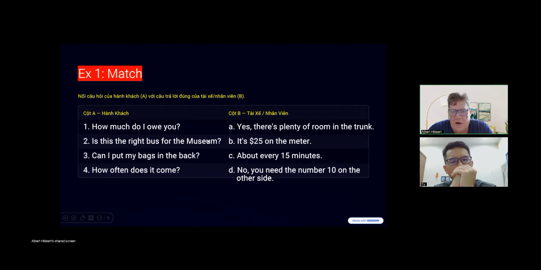How much you are now either or the bus driver or the taxi driver? How much do I owe you? How much do I owe you? Is $25 on the meter. Is this the right bus for the museum? Is the right bus for the museum? Yes.